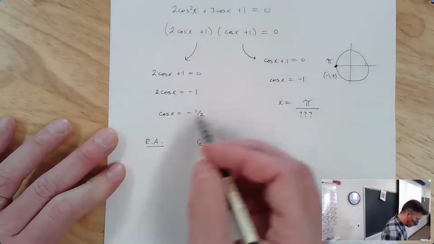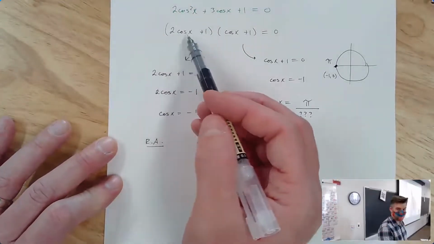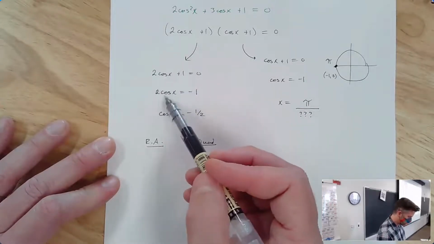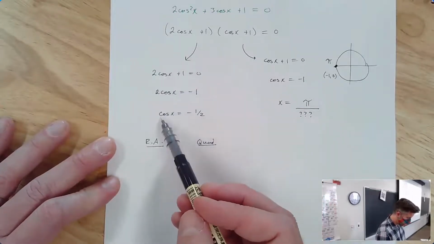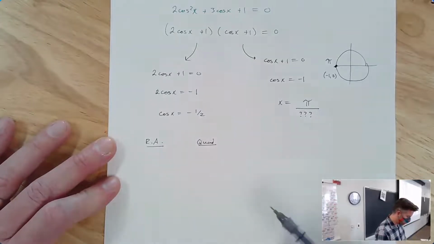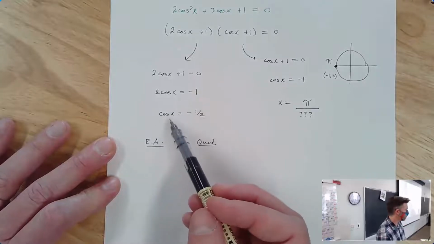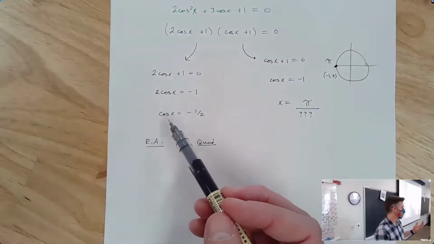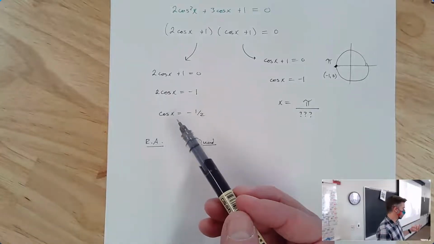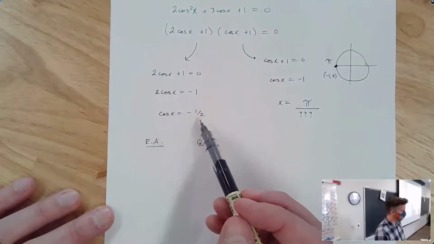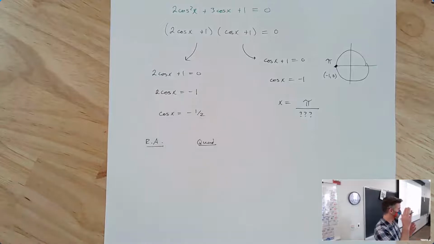And then for this other part, we're saying 2 cosine x plus 1 equal to 0. We're subtracting 1 and getting 2 cosine x equal to -1. We're dividing by 2 to get cosine x equal to -1/2. And then we are going to think about, well, what's our reference angle here? If it's a sine or cosine equal to 1/2, it's either pi over 6 or pi over 3. And if it's cosine being 1/2, that means I've gone further in because cosine is smaller, so it's pi over 3.